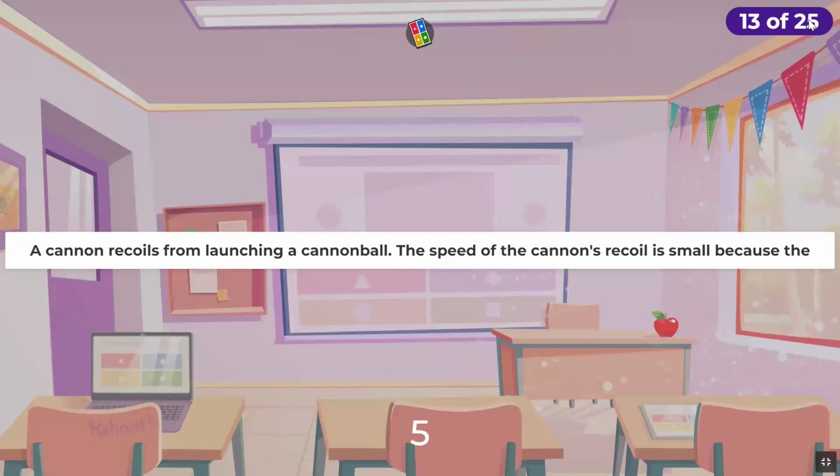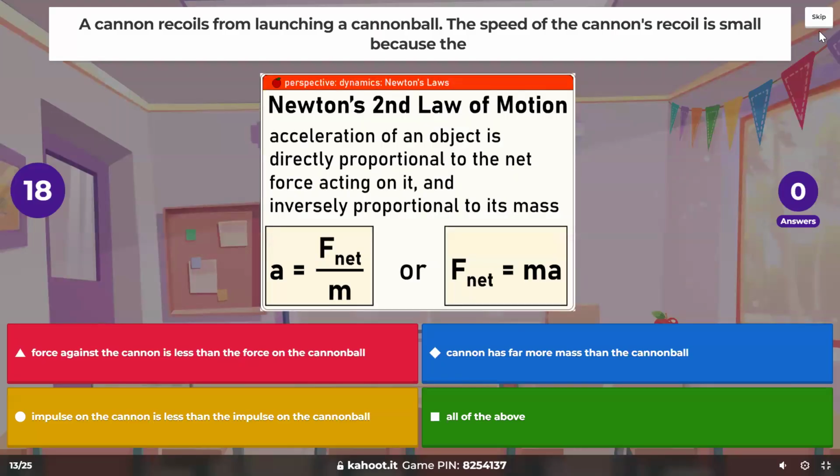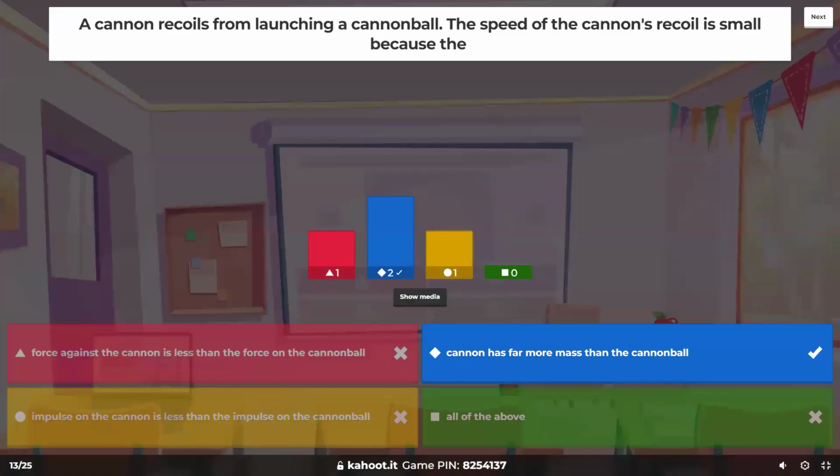Cannon recoils from launching a cannonball. The speed of the cannon's recoil is small because the cannon has more mass than the cannonball, right?